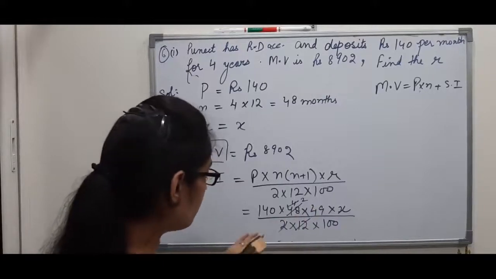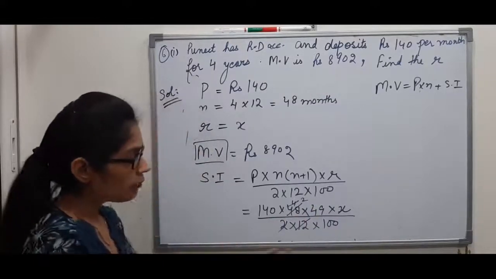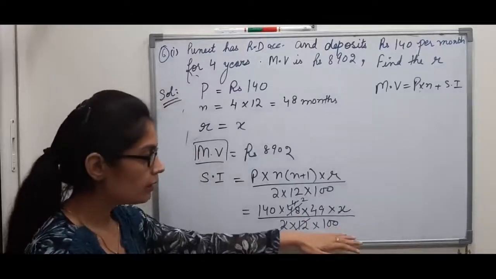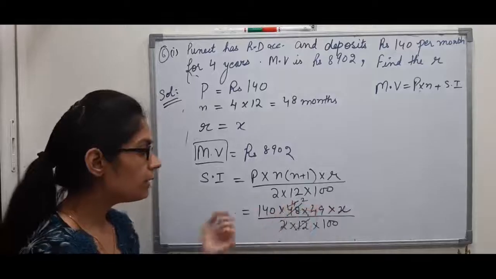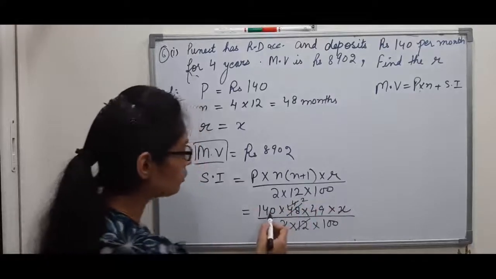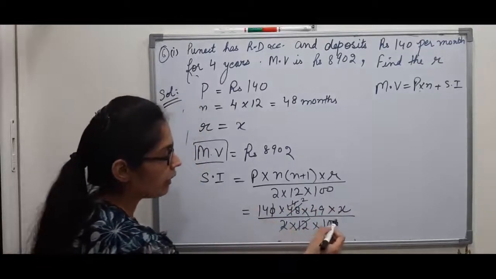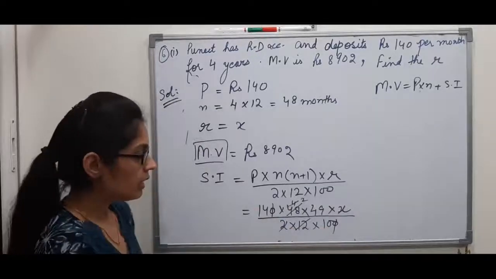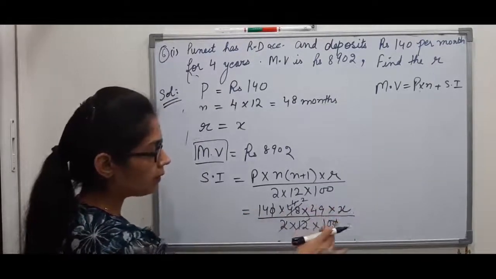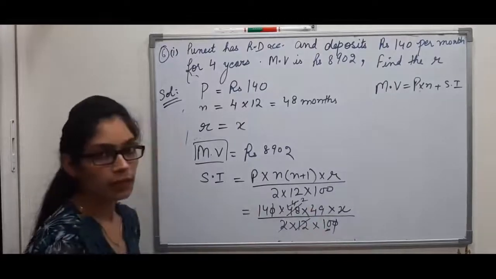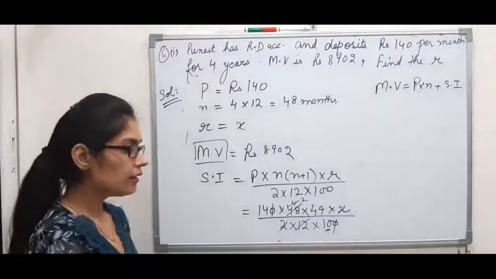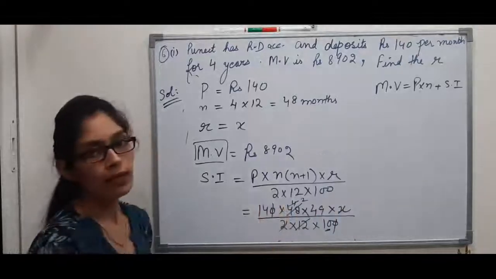Now, whenever the denominator is in this form, just leave the denominator as it is and multiply the above terms. Or, because a 0 is there, I can cancel a 0 with a 0. Now I will multiply all the remaining terms, because if the denominator is in the form of 10, 100, 1000, I can easily convert my answer into decimal form.